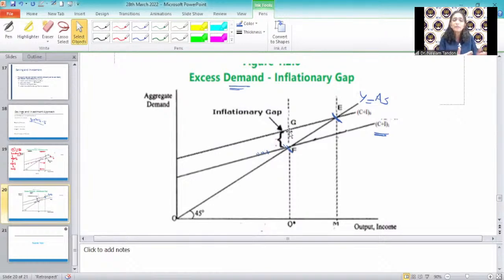If the corporates have not planned according to your demand, they will be running short. If they're running short of inventories, they have to meet that gap in a short span of time. For meeting that gap, they have to work overtime and pay extra salary. So it will increase inflation in the economy. Those who can pay will pay higher and higher prices. This will pull prices up and inflation will increase.